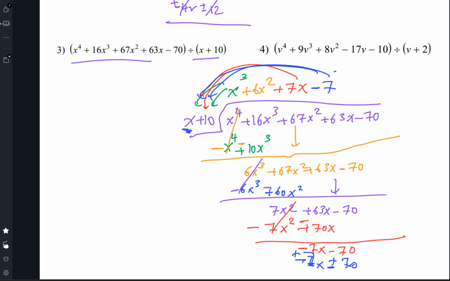Change the sign, equals 0. So the final answer is x power 3 plus 6x power 2 plus 7x minus 7.